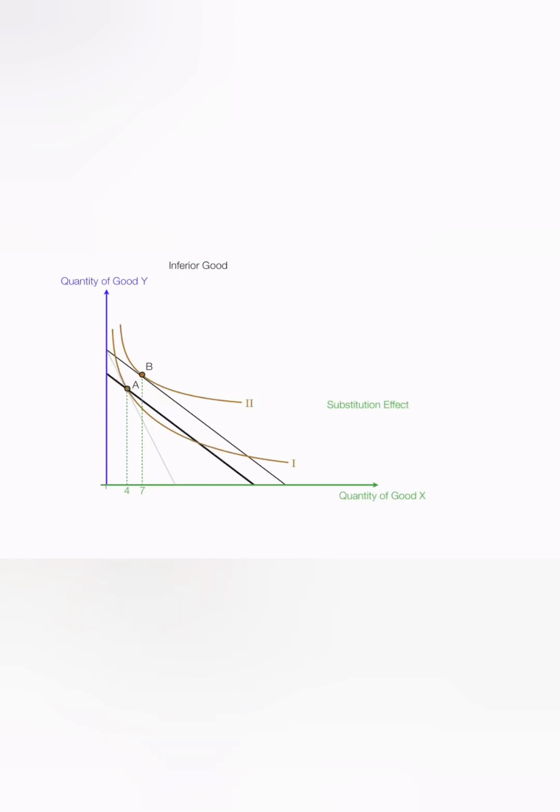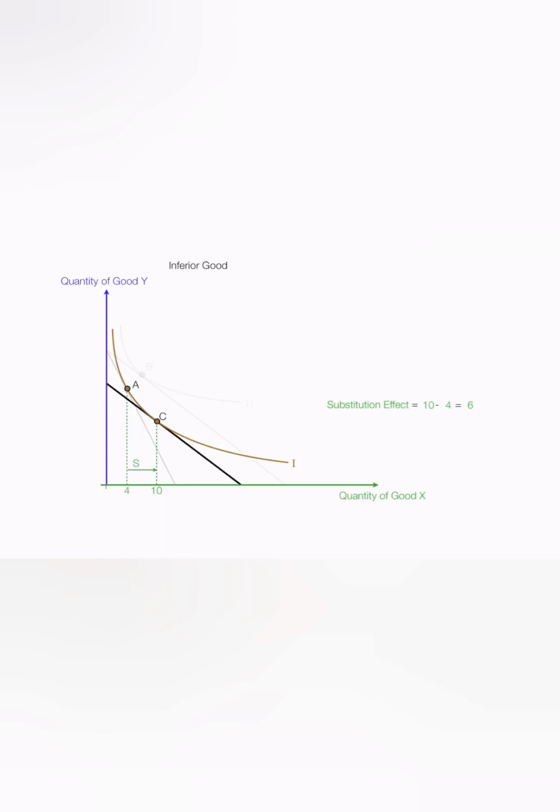I'll drag it back parallel until it's tangent with the first indifference curve. I will move from point A to point C, and at this level, the consumer is going to consume 10 units of good X. So 10 minus 4 is the substitution effect. And I will label that S.